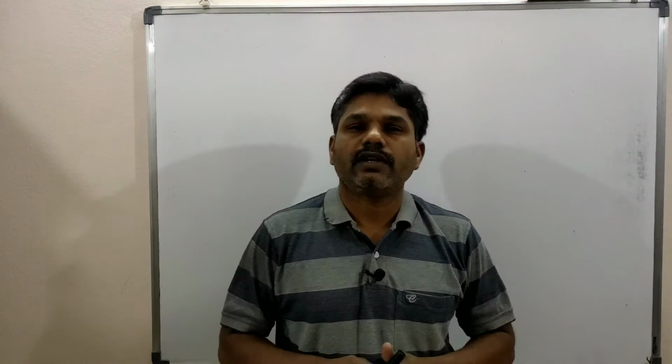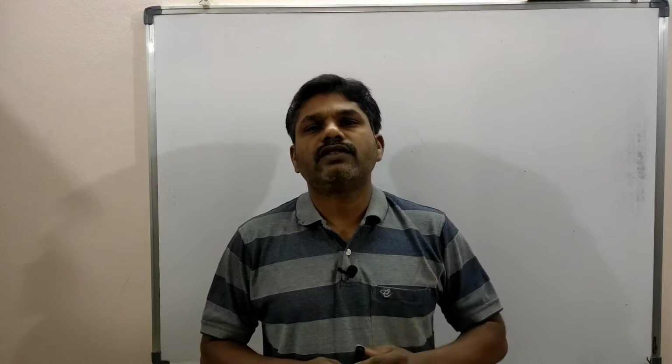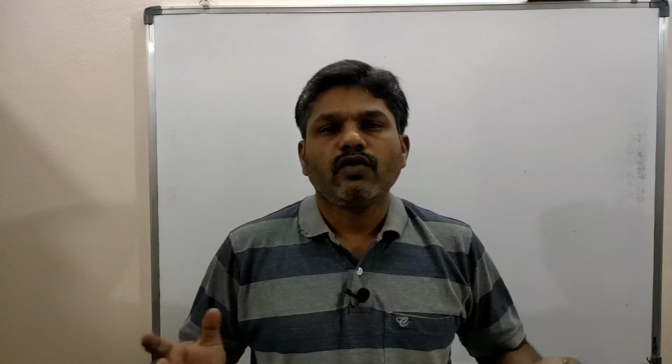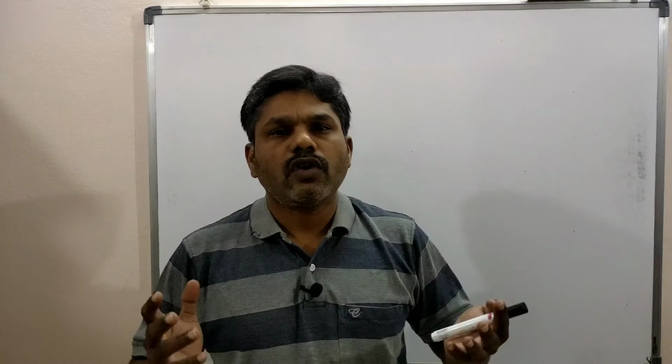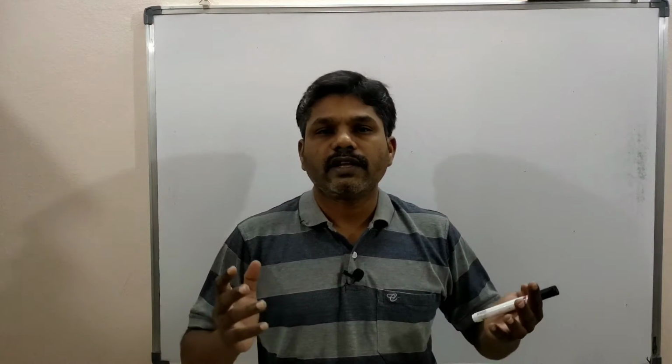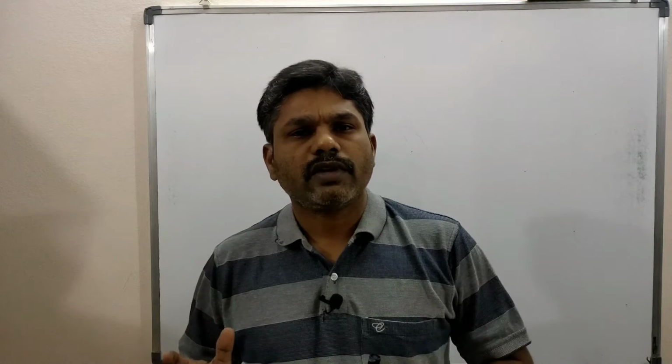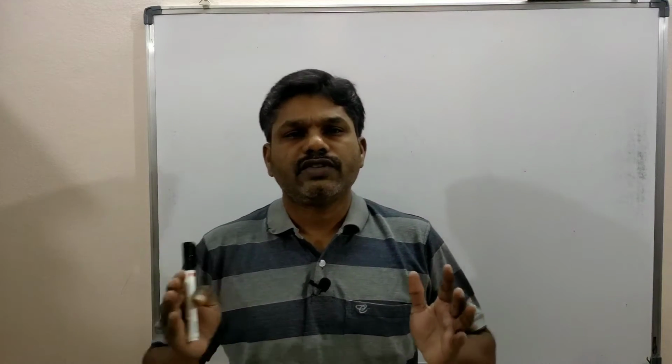In the previous video, we have learnt what is meant by a polynomial, what is the degree of the polynomial, and what are the zeros of the polynomial. And in this video, we are going to learn how to draw a graph of a linear polynomial, or in other words, how to relate the zeros of a linear polynomial or quadratic polynomial, whatever the type of polynomial, its zeros to geometry.